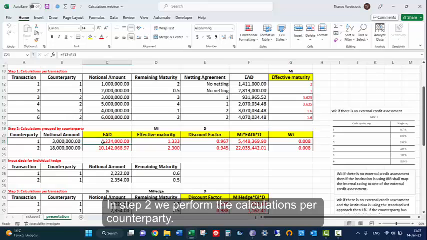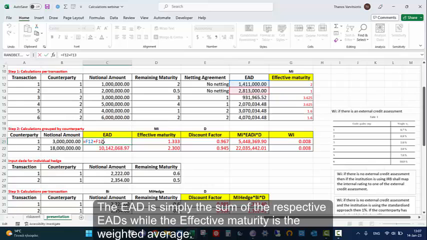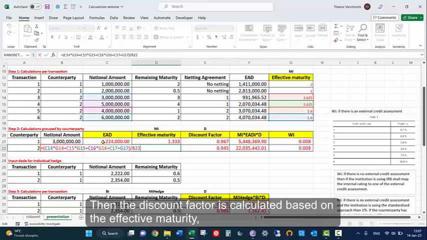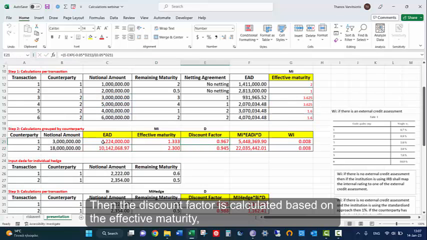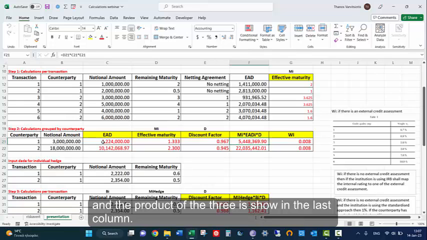In step 2, we perform the calculations per counterparty. The EAD is simply the sum of the respective EADs, while the effective maturity is the weighted average. Then the discount factor is calculated based on the effective maturity. And the product of the three is shown in the last column.